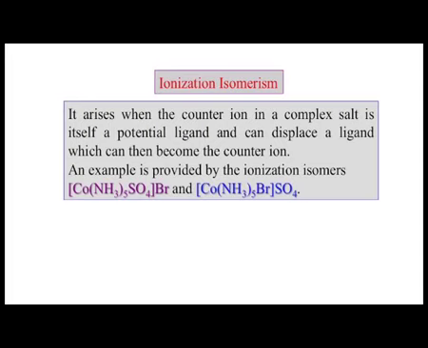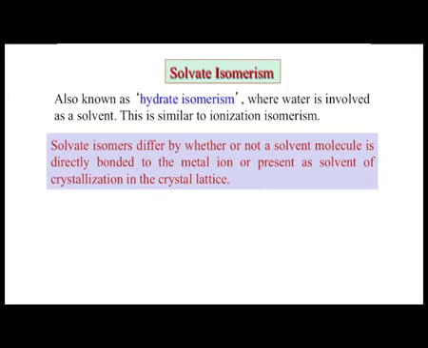If we add silver nitrate in the first case, silver bromide precipitates from the medium, and in the second case barium chloride can be added to separate out barium sulphate. Identification of either silver bromide or barium sulphate tells us that the bromide or the sulphate is outside the coordination sphere, and these two examples having the same molecular formula lead us to ionization isomerism.